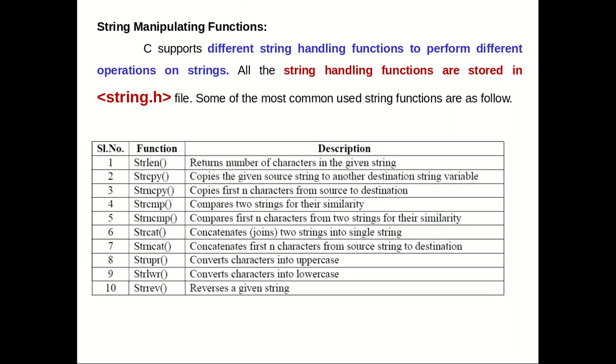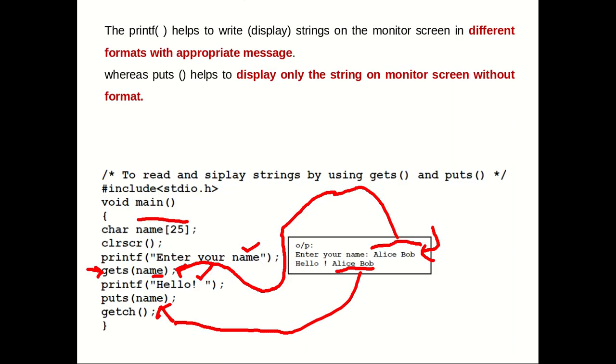And let us see one more. Before this, let us see two functions. The printf function is used to display information on the screen in different formats with an appropriate message. So we can right justify or left justify using the printf function. In whichever format we want, we can display the string information on the screen by using printf.